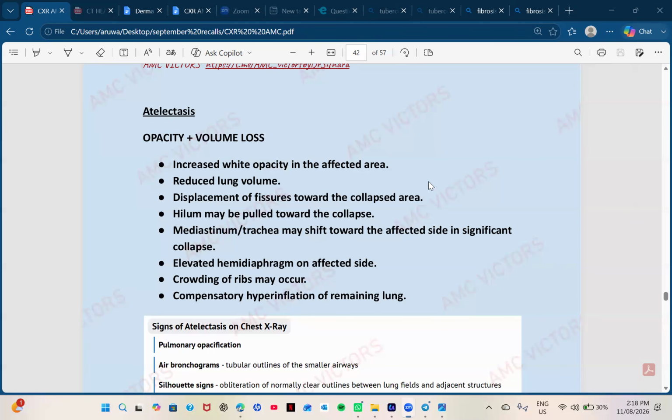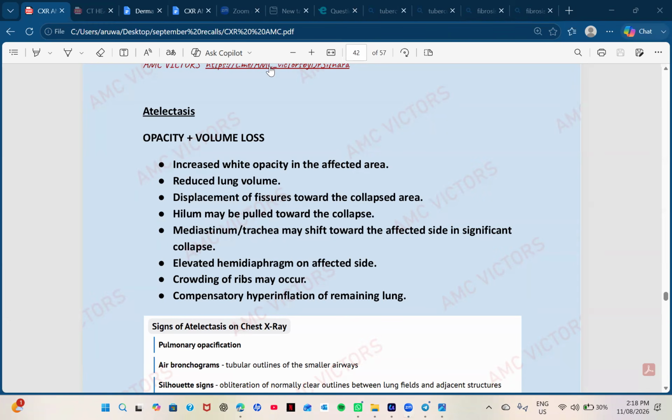In which cases can we see atelectasis? That is also very important. Mainly post-operative, right? Post-operative, very important.